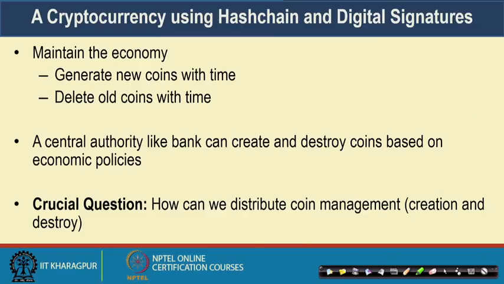The interesting problem with respect to cryptocurrency is how you maintain the economy. In a normal environment, the bank generates new coins with time, and also deletes the old coins or old money from the system. But in a digital environment where everyone is generating their own money and making transactions one after another in a decentralized way, in the Bitcoin architecture for example, you do not have a central authority like a bank who will create or destroy the coins with respect to time.